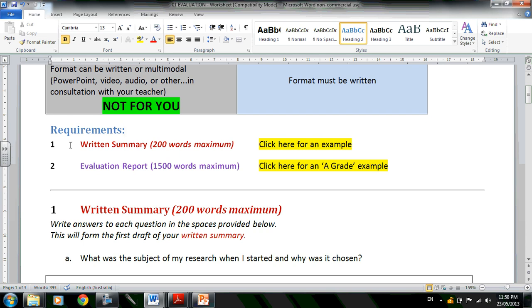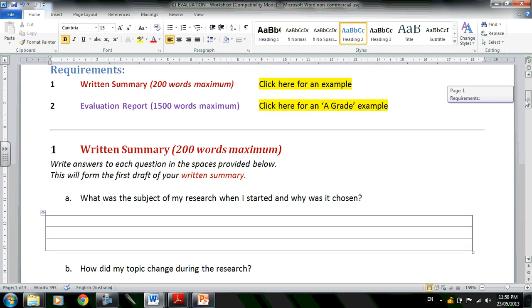Don't have a look, don't see anything else in the envelope, so they don't have a clue what else you have written. These 200 words are the only way you can tell them what you have done, what your outcome is, what you have researched, how you have researched it. And there are specific methods I'm going to explain to you later on how to do that.